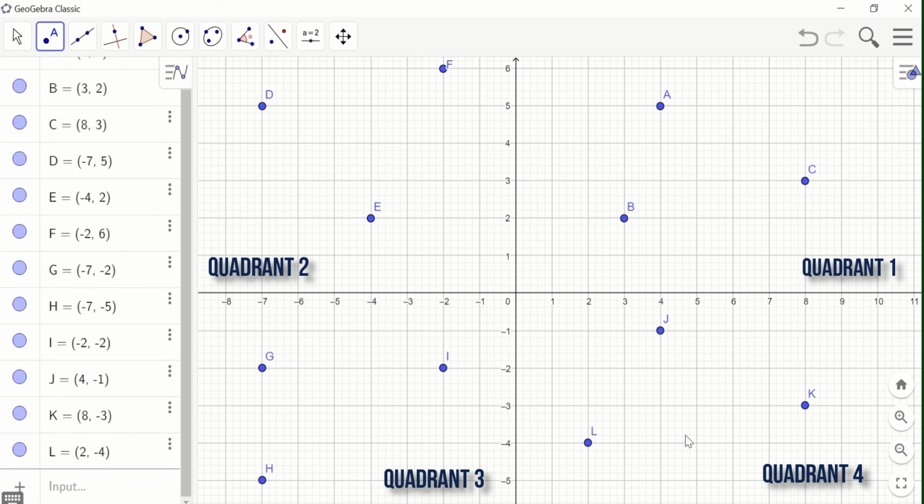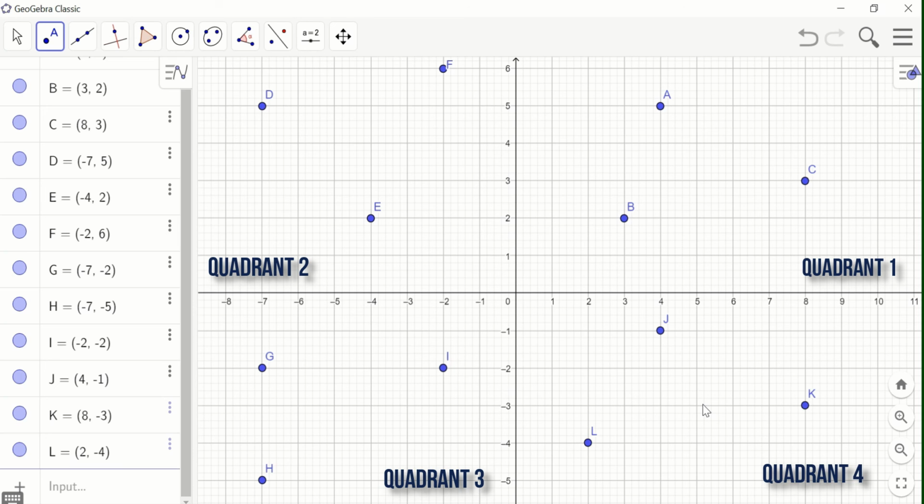Okay? Now, what do you observe? Let's start with our point J. So, in here, we go to the right. We go to the right, and that's 4. And then to get our y, we go down once, and that's negative 1. That is why in point J, this would be 4 and negative 1. Okay?